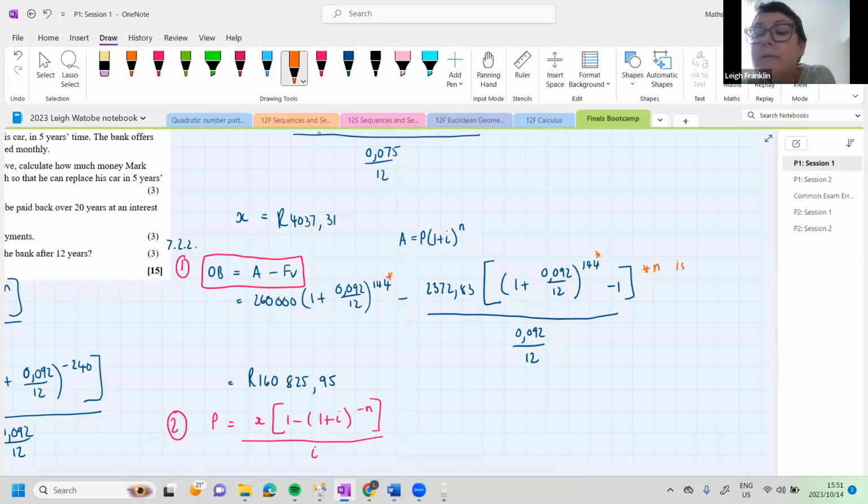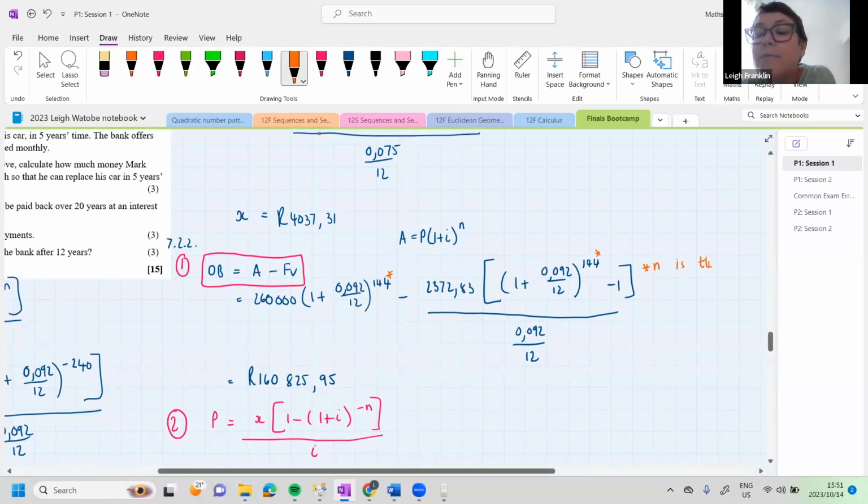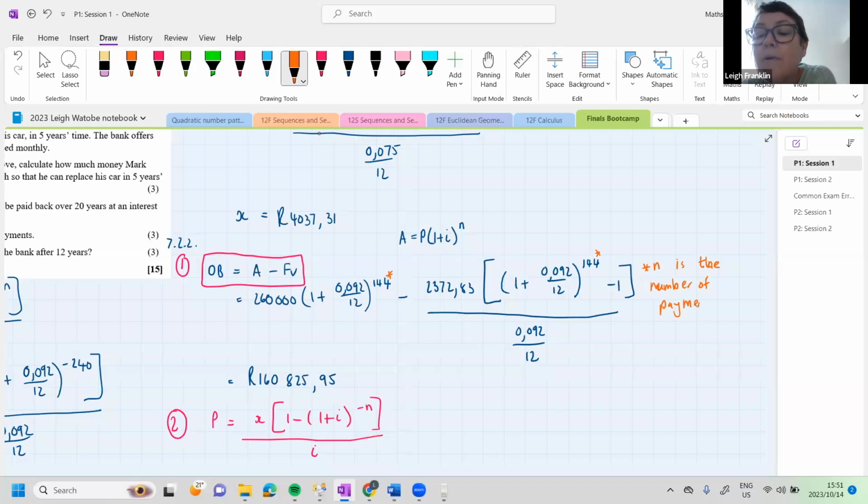N is the number of payments that have been made. Okay, so N, if you're doing outstanding balance, is A minus future value.